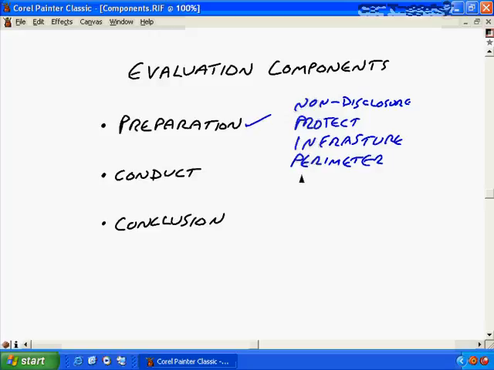Other things that you might put in the contract would be what kinds of activities you're going to be performing. One thing you want to be sure about here as well is you'll have to deal with some human factors, and we're going to be talking about this shortly. But we want to also put in the contract that the corporation and their IT department not change any settings on their systems from the time you start your negotiations until the time that you're done with your penetration test.